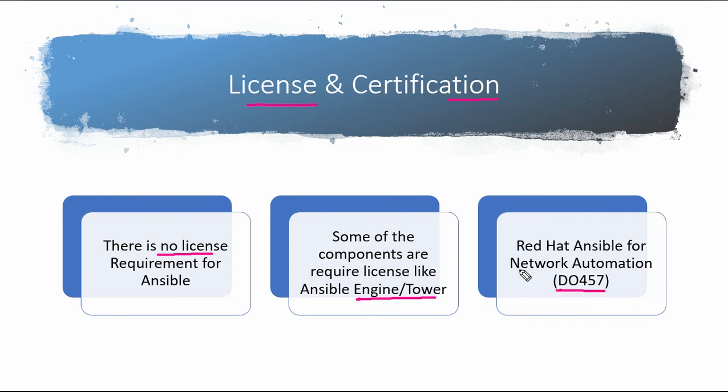This is the code for network automation. For network engineers, this is one of the good certifications which Red Hat provides. It will be great if you plan for this certification, and the course content covers Ansible knowledge on network devices.